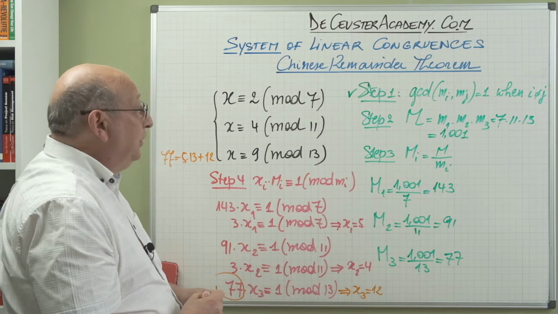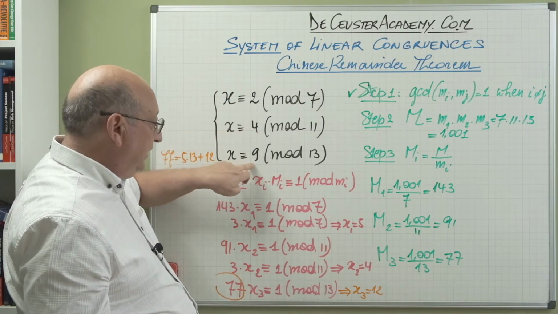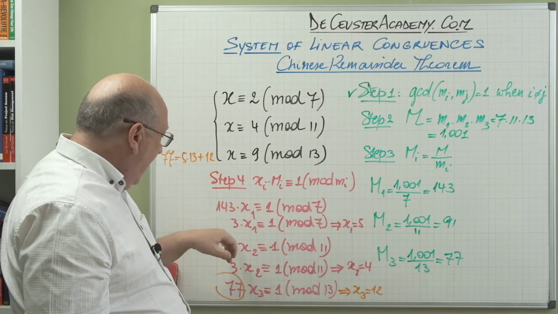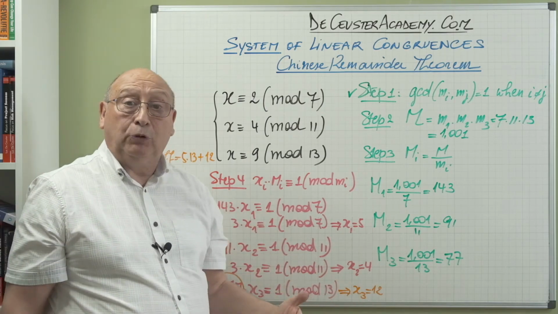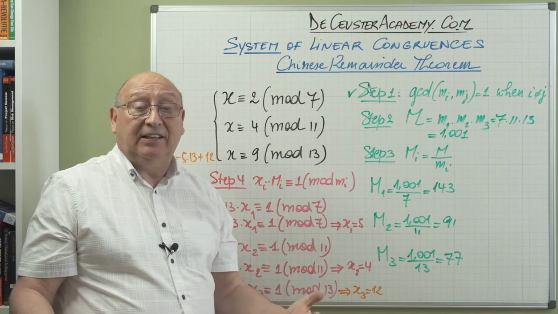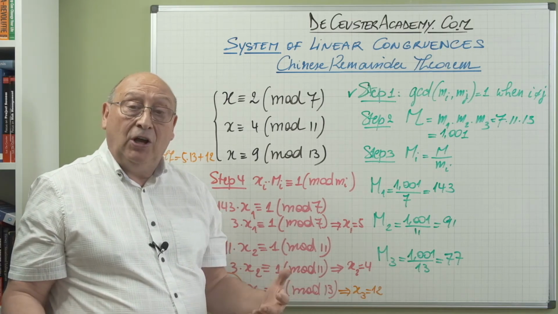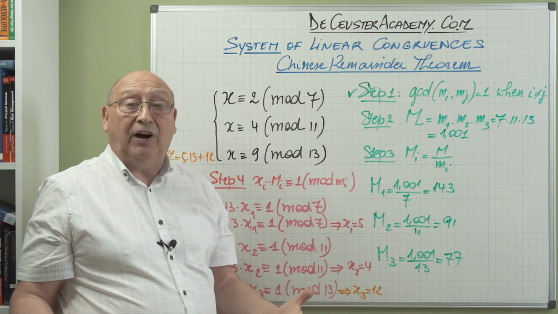So basically what we found here, we have the terms b1, b2, b3. We have m1, m2, m3. And we have x1, x2, and x3. Now we can put all the information in a table and calculate the value of x modulus 1001 and see what the final result is.